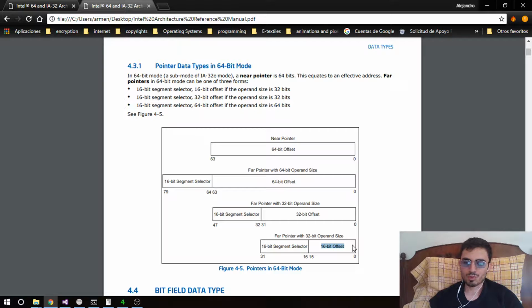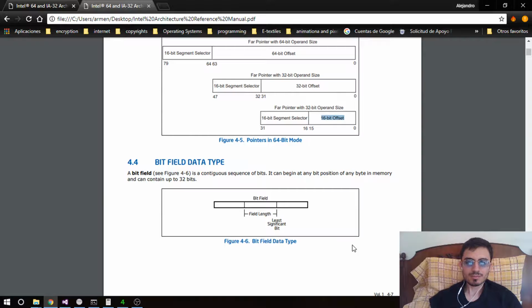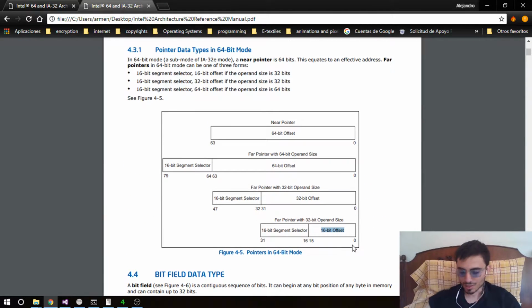So you put just some kind of segment. I don't know, but we will see. This thing is interesting. Let me put it right here. Okay, cool. Let me put pointers.